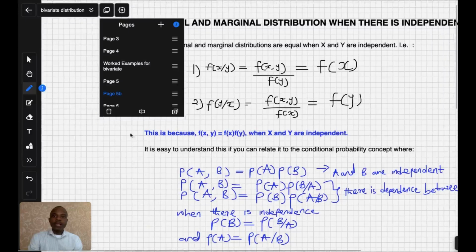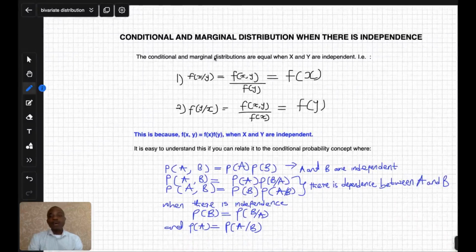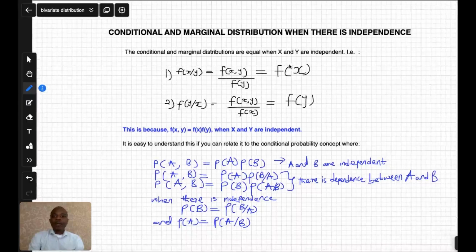Now we want to look at conditional distribution and marginal distribution. We are looking at both of them when there is independence.